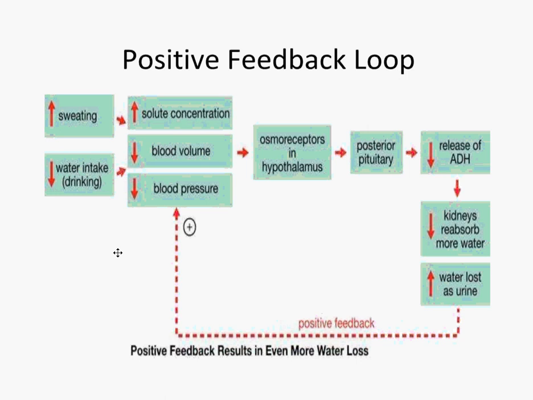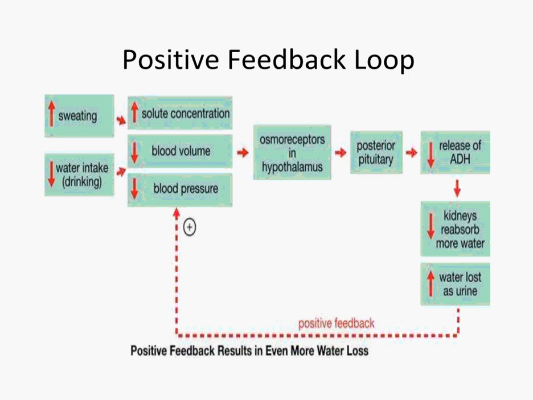When a baby is born and begins nursing, the act of nursing causes more milk to be produced. Whereas in a negative feedback loop the product turns off the process, in a positive feedback loop the product of the production of milk actually causes more of that to occur. So the more the baby needs, the more the baby eats, the more the baby will be fed. It makes sense for that particular mechanism.